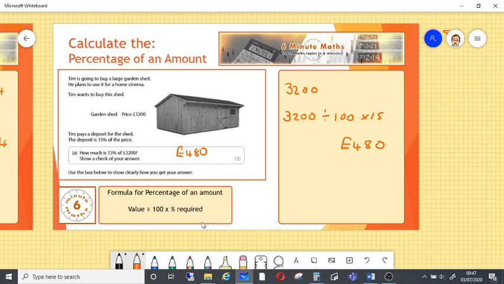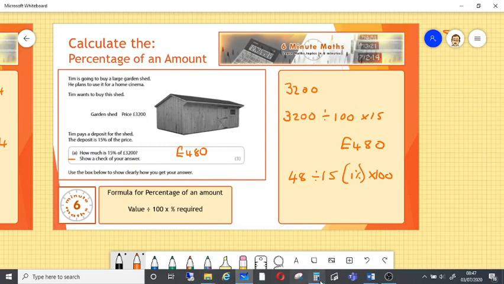The second part to this says show a check of your answer, and you can do a reverse calculation. So if I take that 480 and divide it by 15, that'll find me what 1% is. And if I then times it by 100, that should bring us back to the original value.